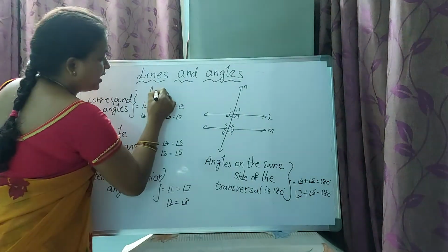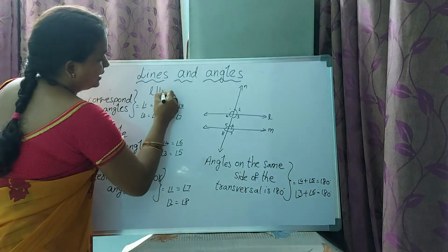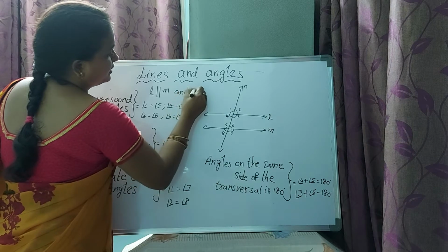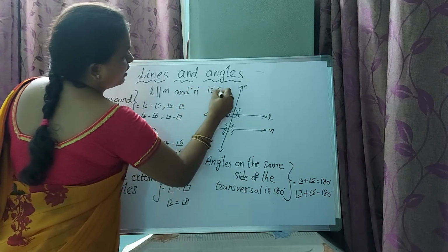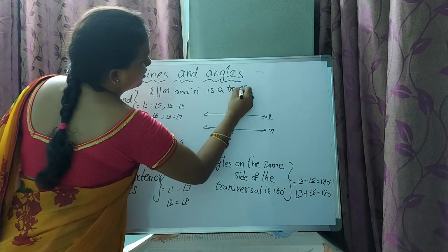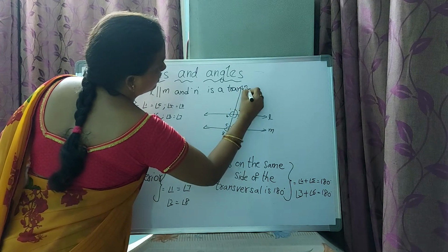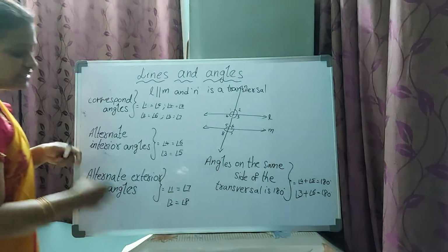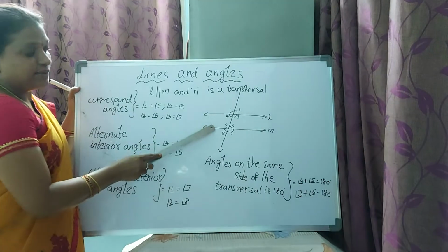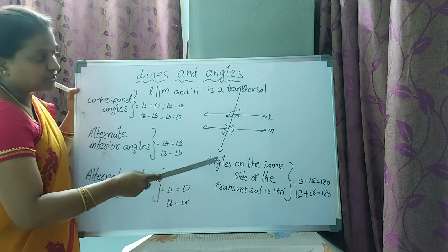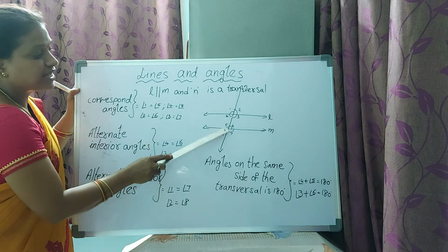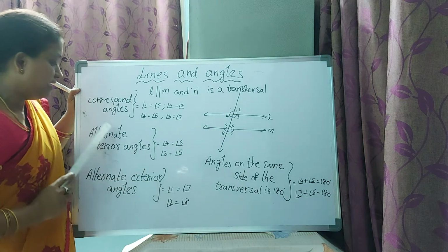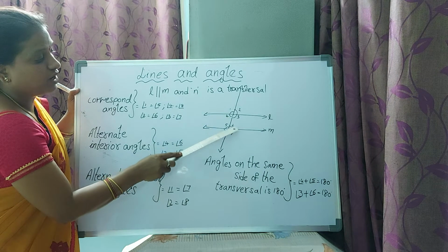See, if L is parallel to M and N is a transversal, these are all possible. In this case, if L and M are parallel and N is a transversal, corresponding angles are equal, and alternate interior angles are equal.